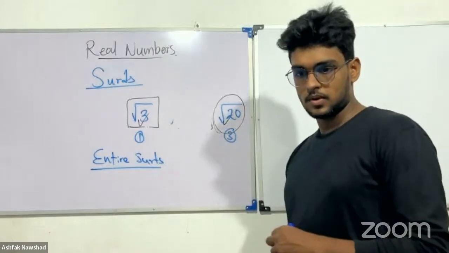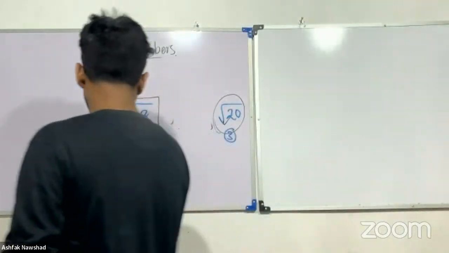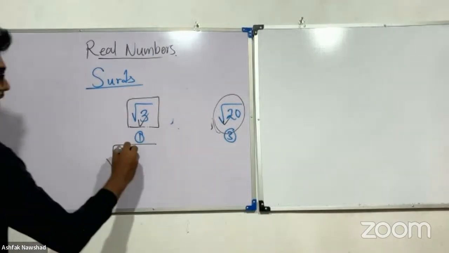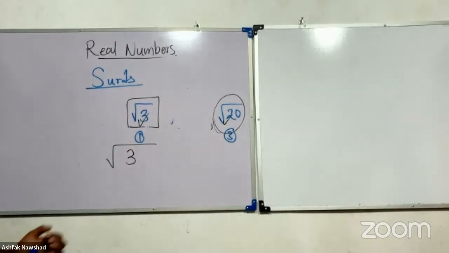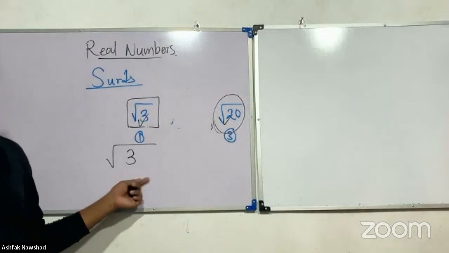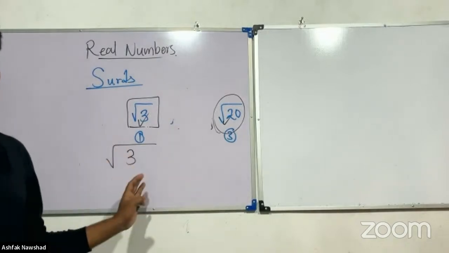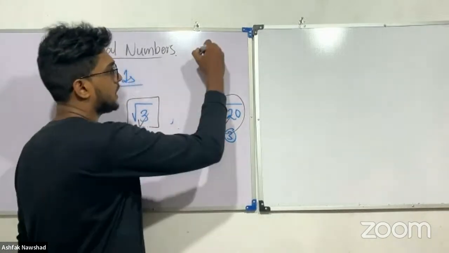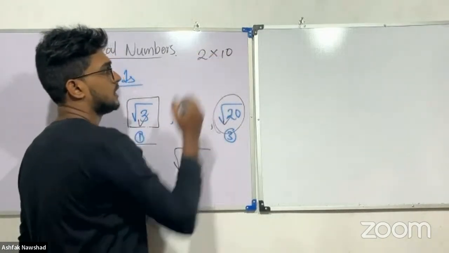We were talking last week about what entire surds are. I'll explain again. Entire surds can be simplified further. This one cannot be simplified because 3 is a prime number; 3 is just 1 times 3. But 20 we can write in many ways. 20 can be written as 2 times 10.